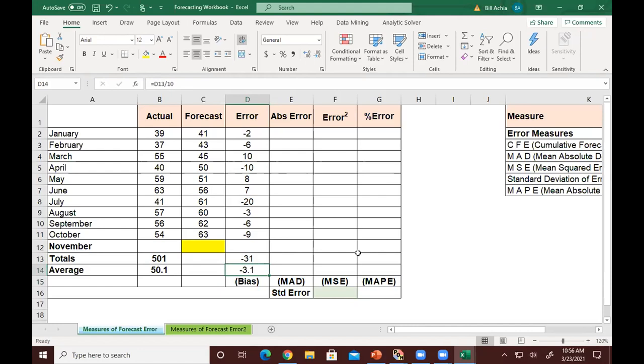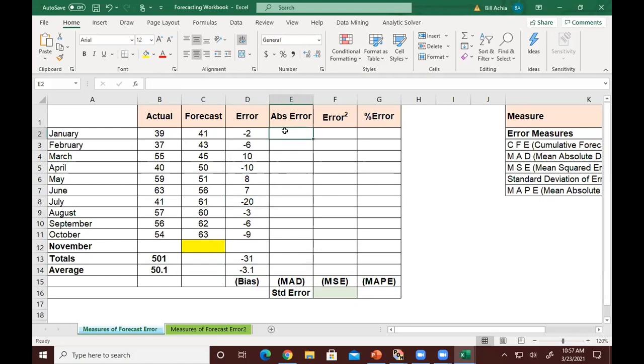Okay? So I might want to find a way to bring this number closer to 0, because the closer it is to 0, the less bias there is in my data. So those are our first 2 measures of forecast error. The larger that value is, the more biased your data is. So you want to make sure that that number is as close to 0 as possible.